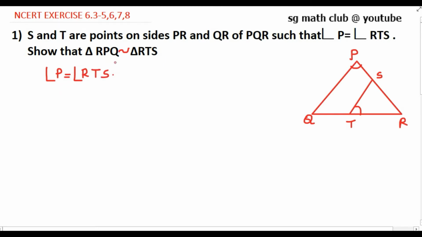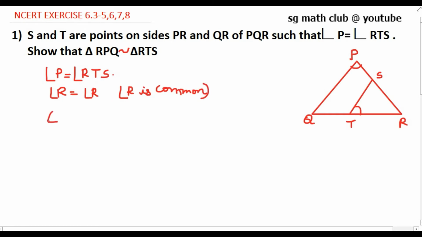Now if you consider these two triangles, because we need to prove that these two triangles are similar, the big triangle RPQ and the small triangle RTS, here angle R is common for both the triangles. So two angles are equal in both the triangles.